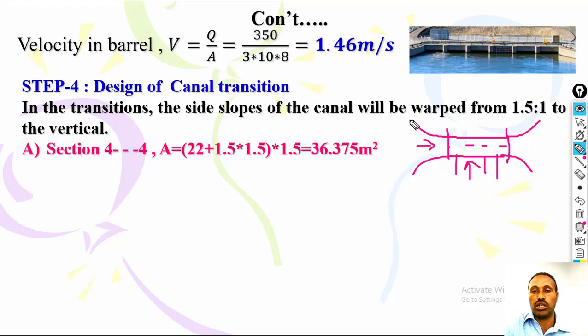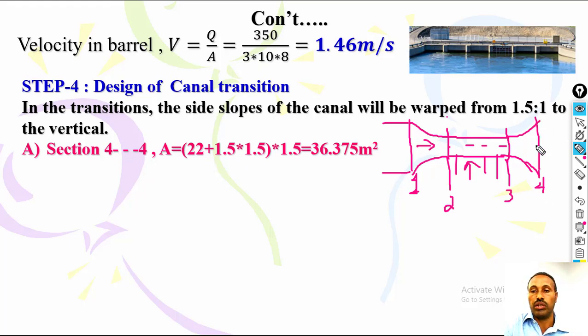So this is just around here. This is the normal dimension. You will start from section 4. This is 4, this is 3, this is 2, and this is the first one. So you will start from section 4.4, which means this one.